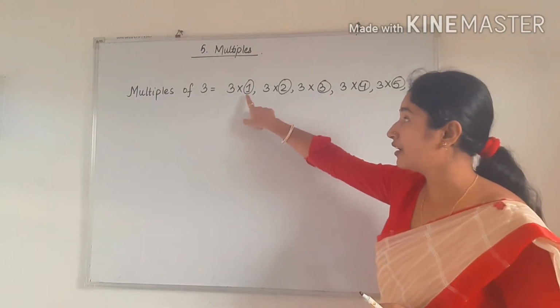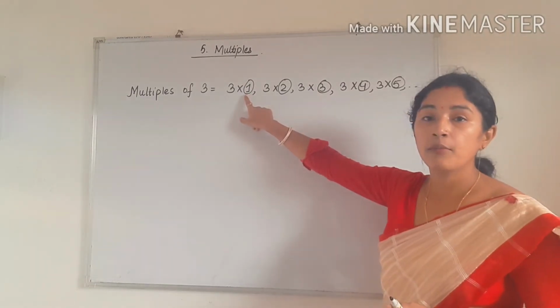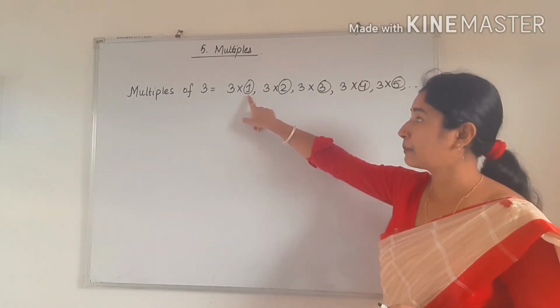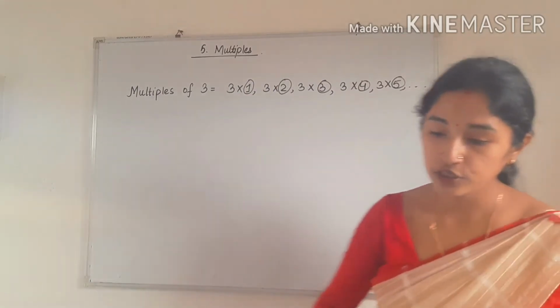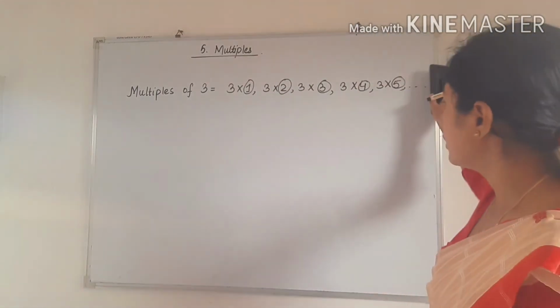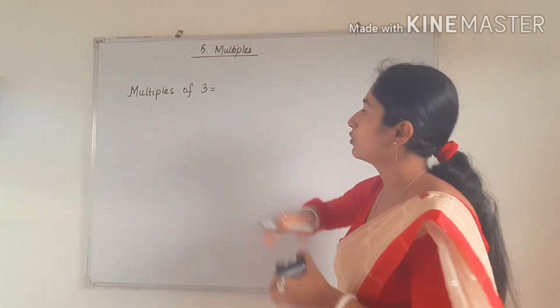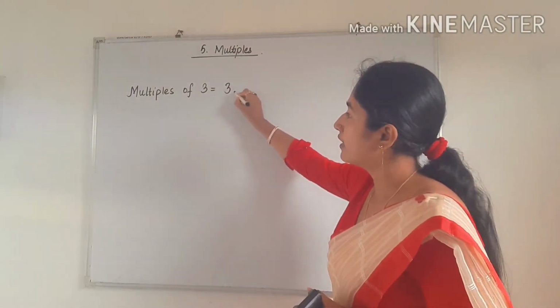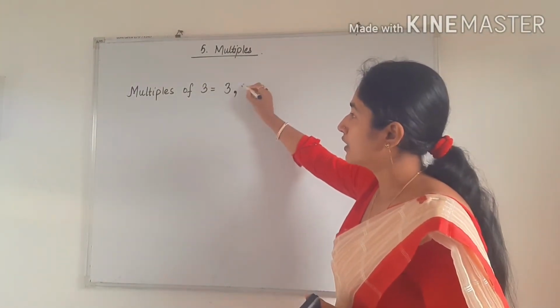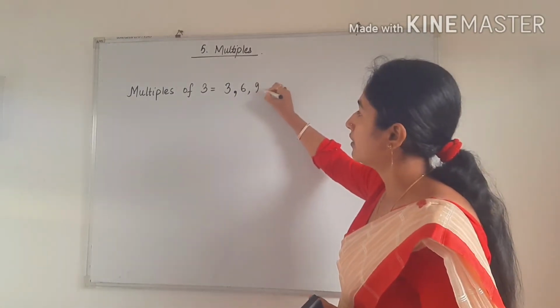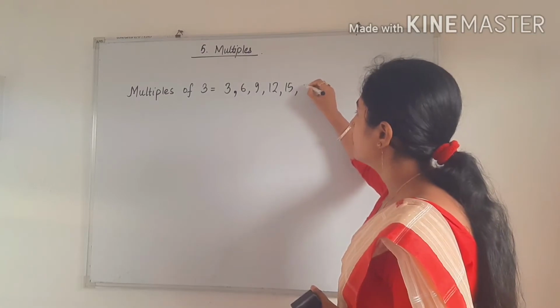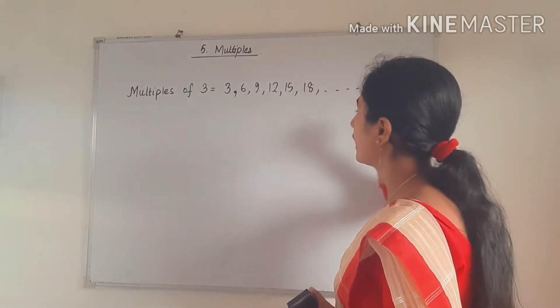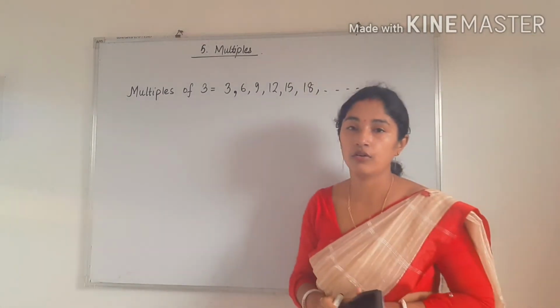What is changing is the number which we are multiplying with 3. So the multiples of 3 are 3, 6, 9, 12, 15, 18, and so on. Like that we can go on.